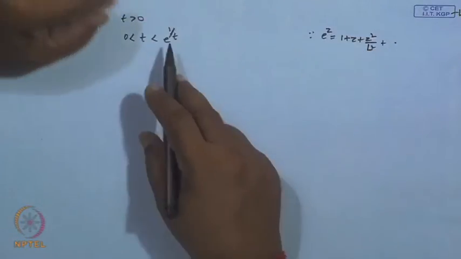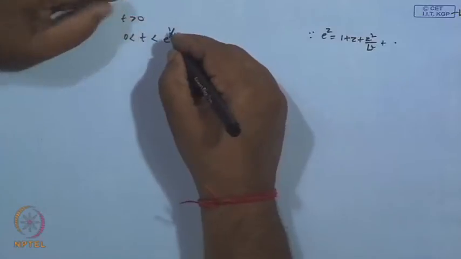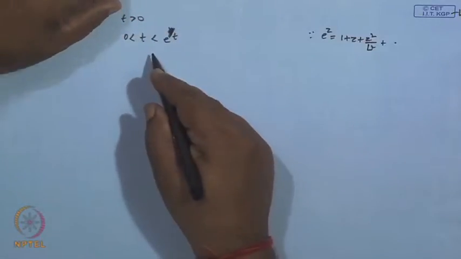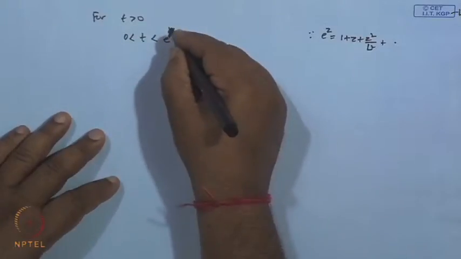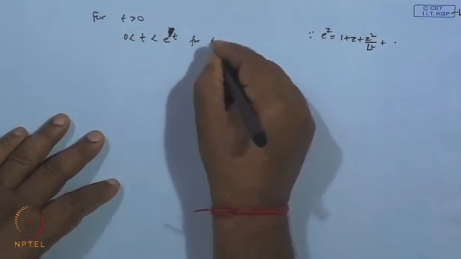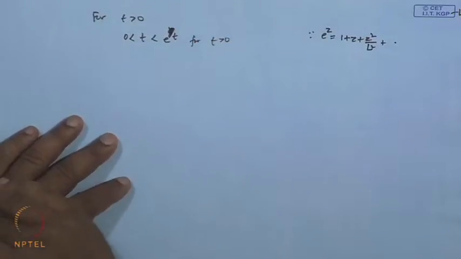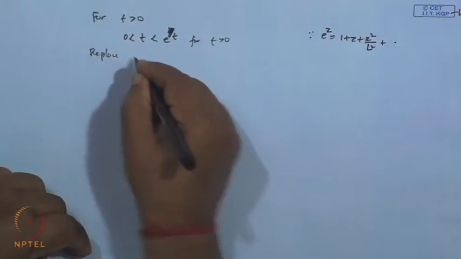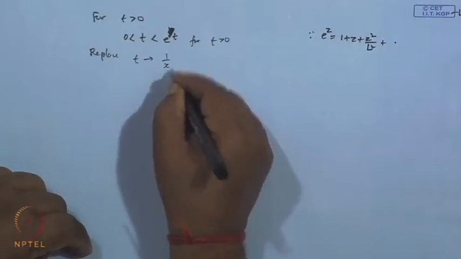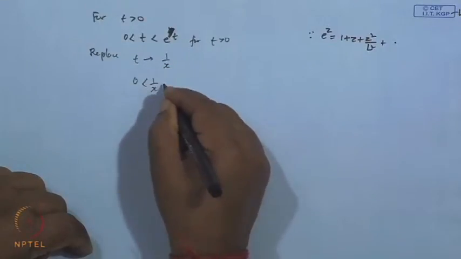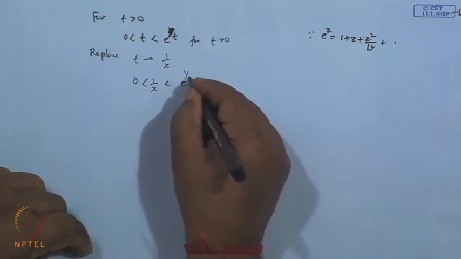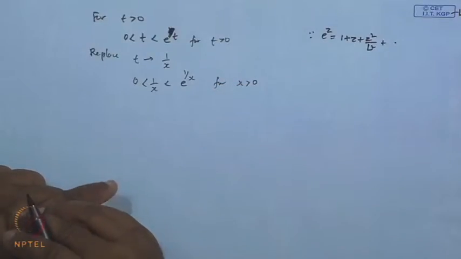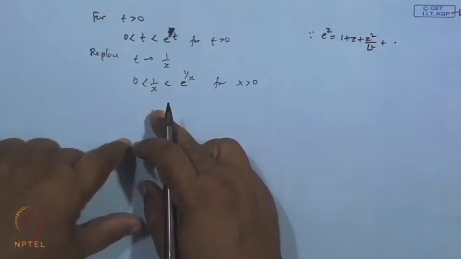So, obviously, 0 is less than t less than e to the power t, and this is true for all t greater than 0. So, replace t by 1 by x. What we get is 0 less than 1 by x less than e to the power 1 by x for x greater than 0, clear, for x greater than 0.